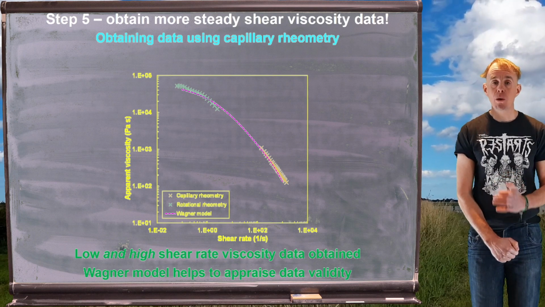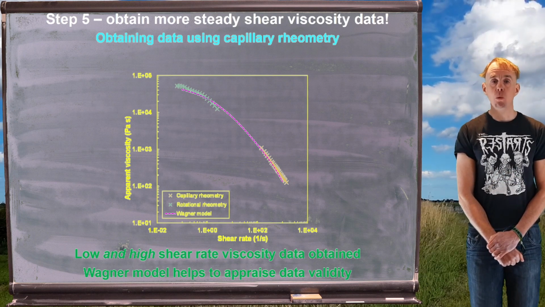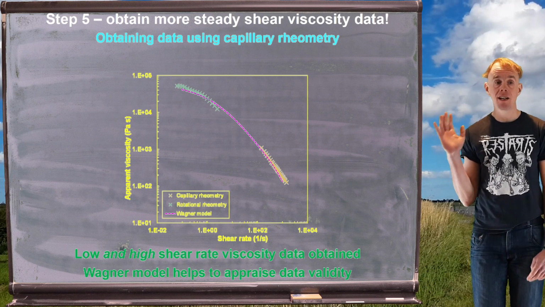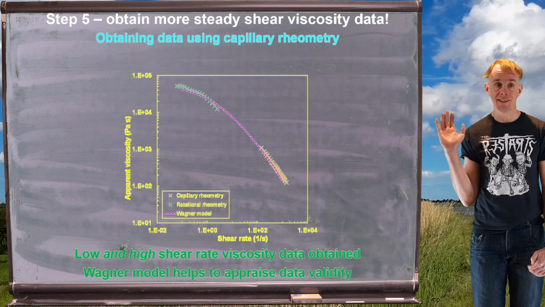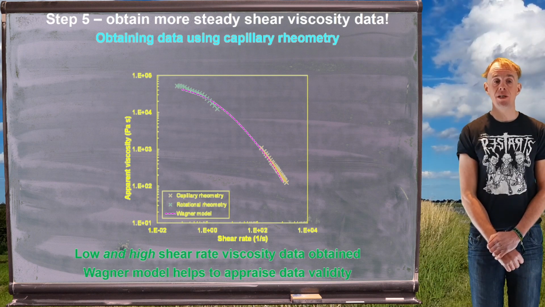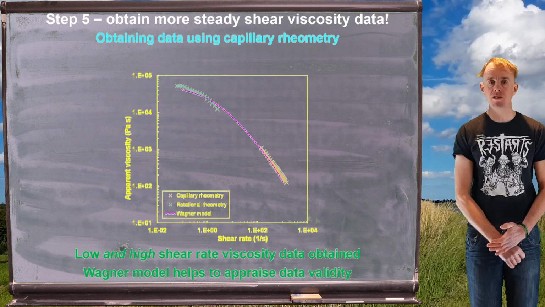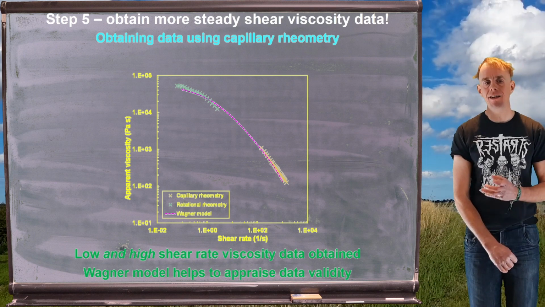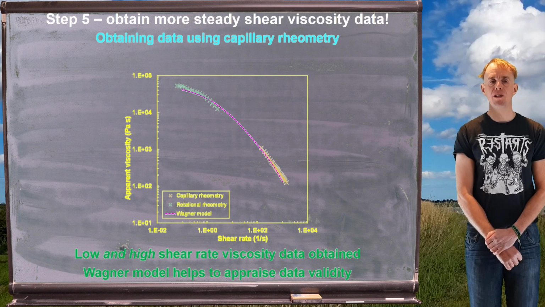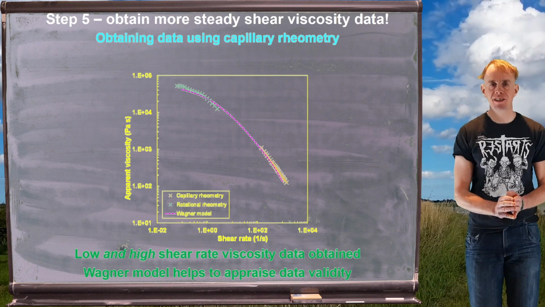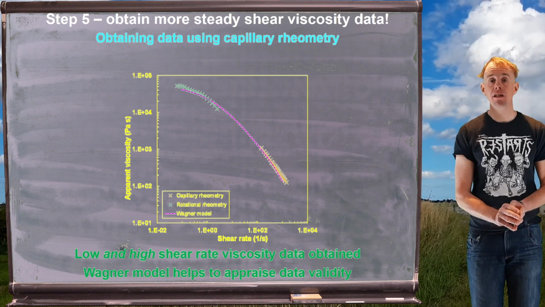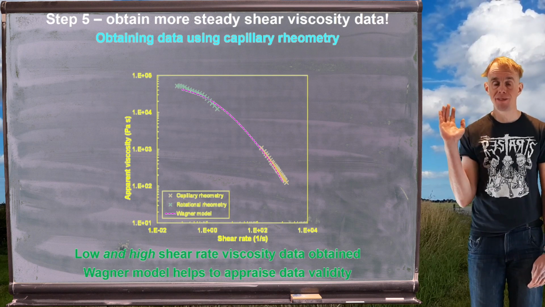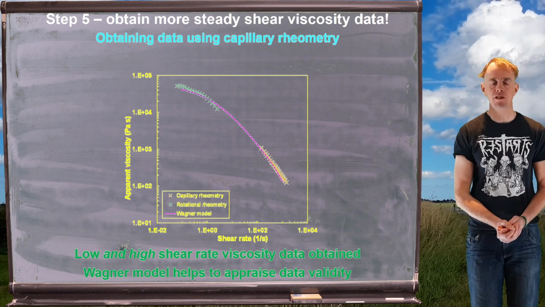Where the Wagner model was warning us that our rotational rheometry data was deviating was indeed very much a warning to heed, because we can see that this model with the same parameters captures both the low shear rate viscosity and the high shear rate viscosity. And so we can now have confidence that the data set we have is really good and is of high quality, both in terms of the steady shear data and in terms of the viscoelastic data.